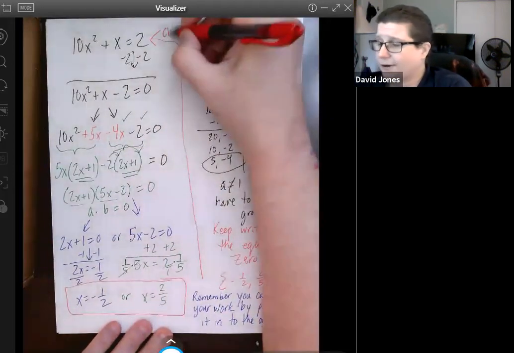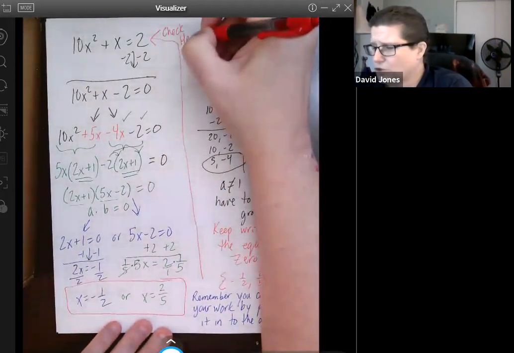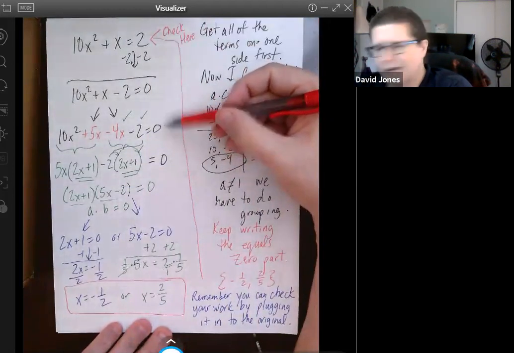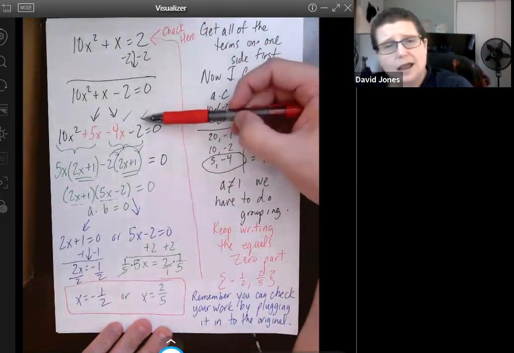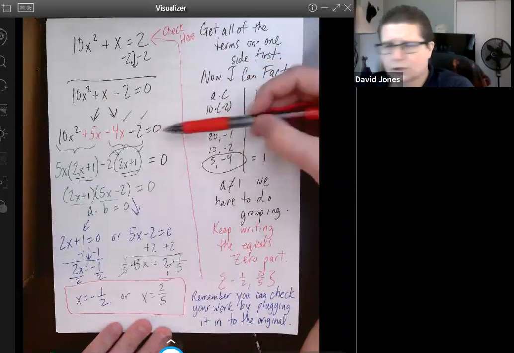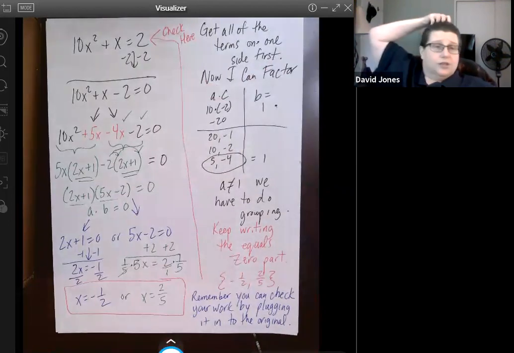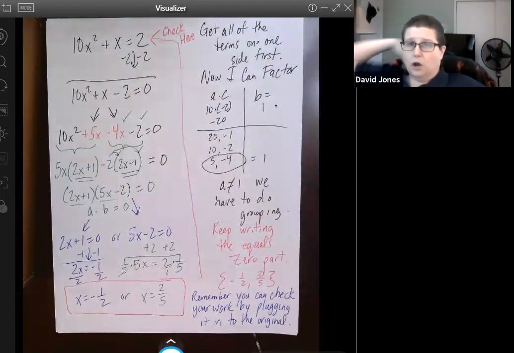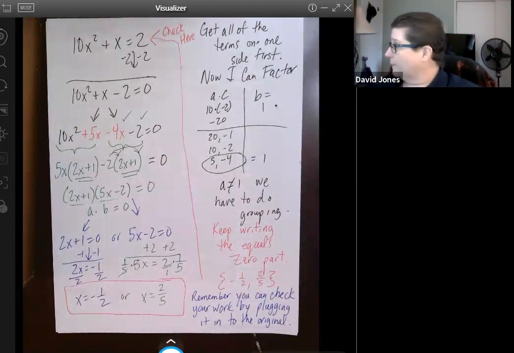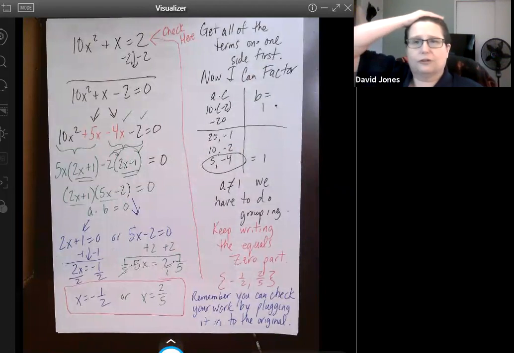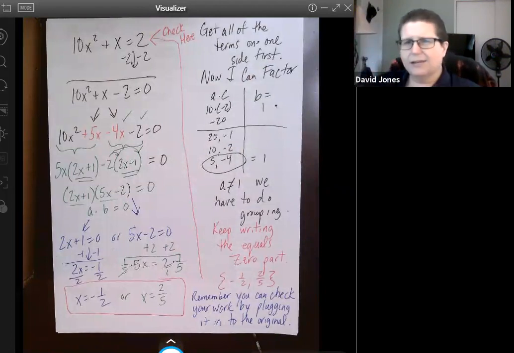If you don't check here, but you check later on, you might have made a mistake between here and here. And it works where you checked, but it doesn't work in the starting one. So if you made a mistake, it'll show if you go back to the very beginning. Okay, so that's one approach for solving quadratic equations. We get everything on one side, factor, and set each factor equal to 0.